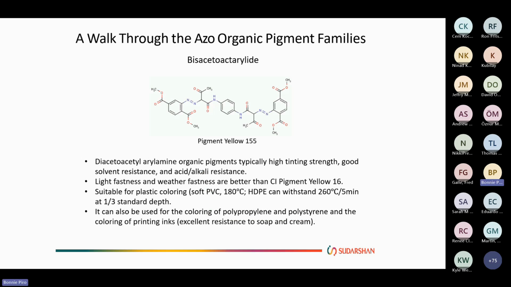Next, going down the line is a very small category with the Pigment Yellow 155 being the dominant pigment color index in that particular category. These are also typically high in strength with good resistance to solvents and acid and alkali resistance. Good light fastness and weather fastness. Very often used in inks and plastics as well.